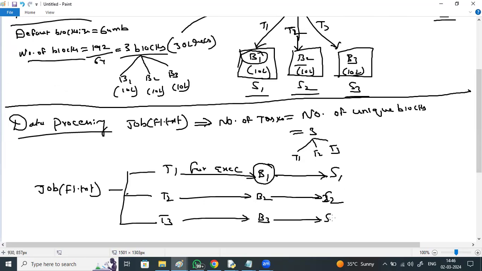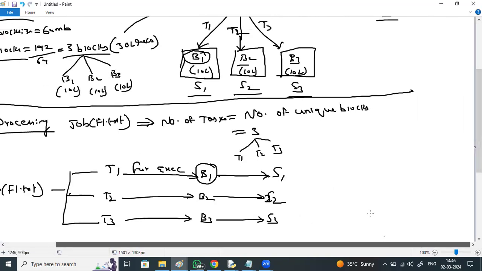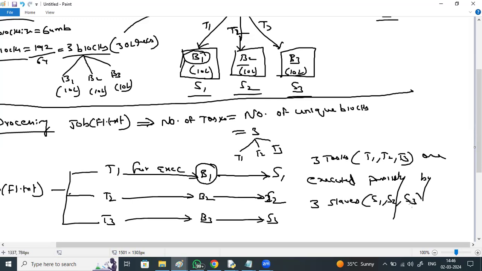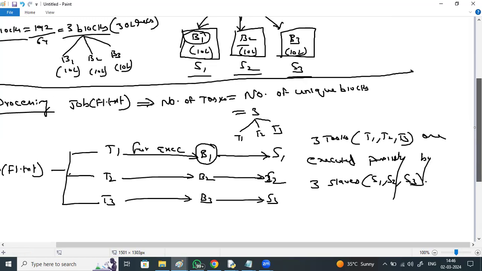T3 task by S3. 3 tasks. T1, T2, T3 are executed parallelly by three slaves, S1, S2, and S3.